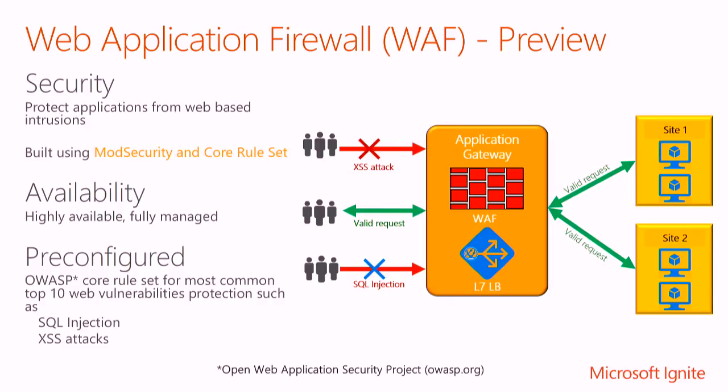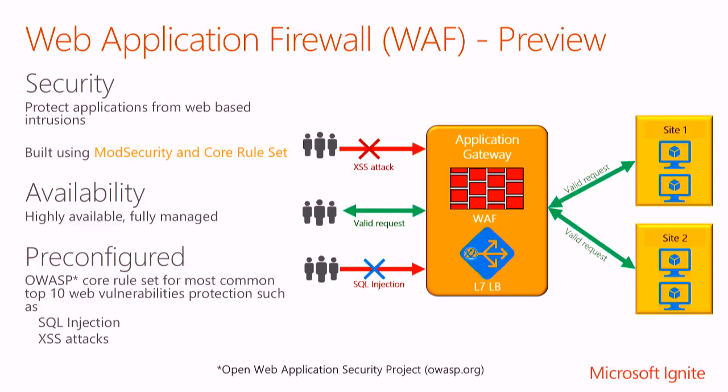Because we are aligned with that, we look at the top 10 threats that they advertise and take that as a predefined rule set, so that our WAF would be able to look at the incoming request and say, hey, this looks like a cross-site scripting attack, or this request looks like a SQL injection request.